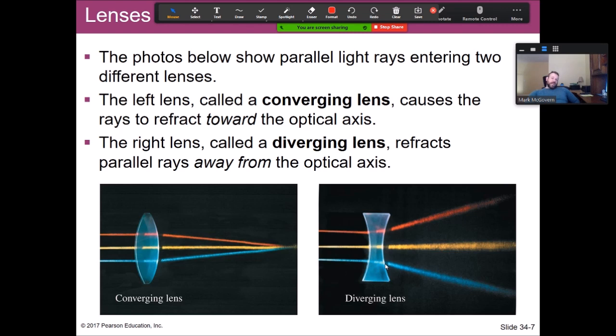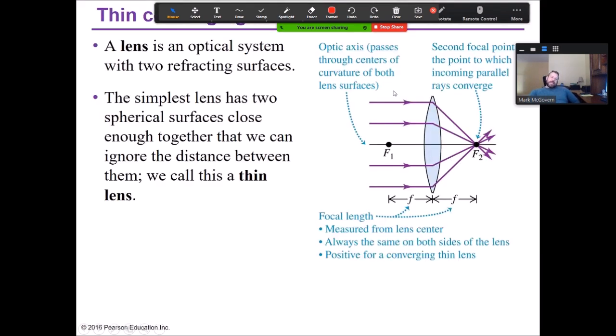Whereas a divergent lens makes the light diverge away. And so no images get formed on the right-hand side. Instead, you have to trace back, and you create virtual images that are on the same side as the object. That's it. That's the difference between the two. All right, let's start digging into this. We're going to deal with convergent lenses first, and then we'll look at how the divergent lenses go.